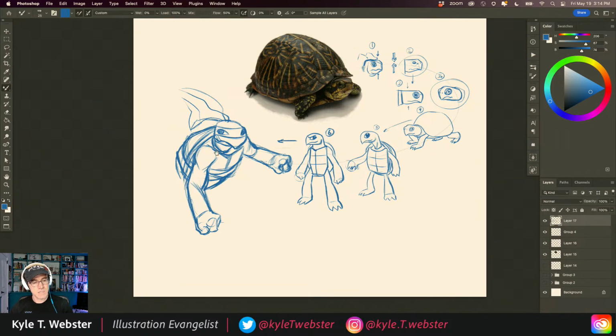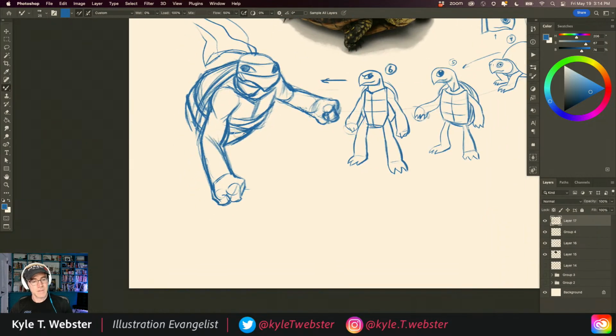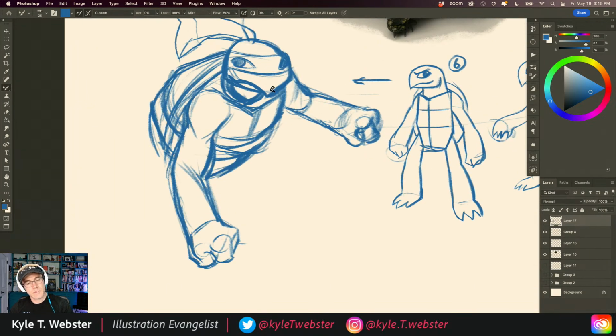Okay, this is the process. If you distort from reality, if you stylize and push from reality, observe the real thing, okay, observe reality, and start to distort and push based on those observations, draw the real thing.